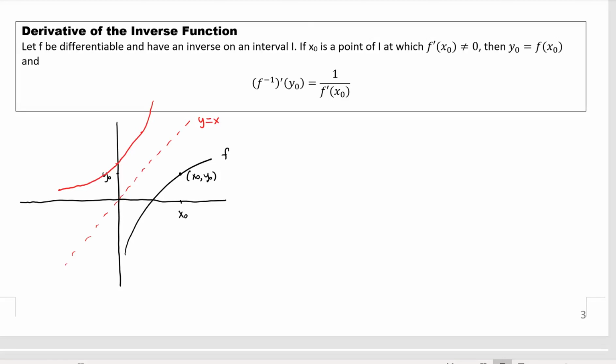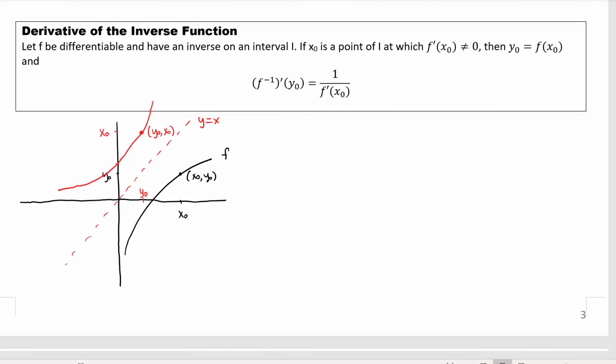What does the inverse function do? It switches the x and y. So this point is (y0, x0), which means here is y0, here is x0.